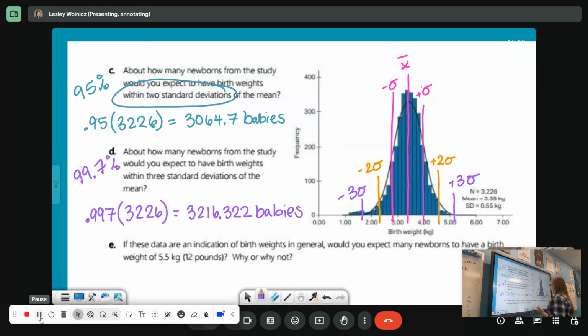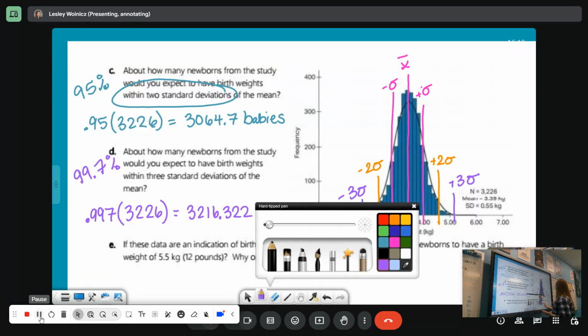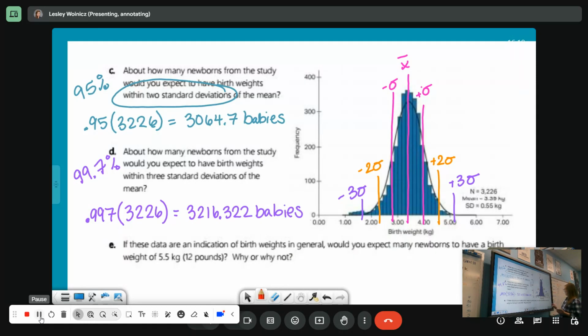If these data are an indication of birth weights in general, would you expect many newborns to have a birth weight of 5.55 kilograms or 12 pounds? Well, let's find that on here. 5.55, that would be here. So that is outside of our 3 standard deviations.